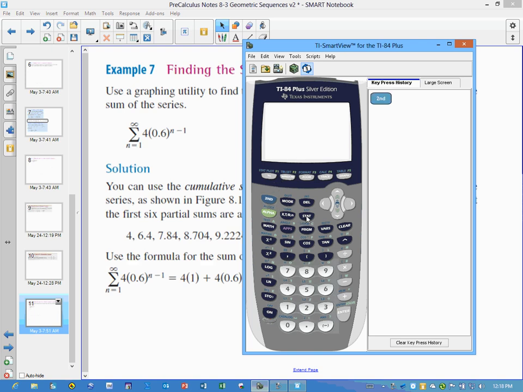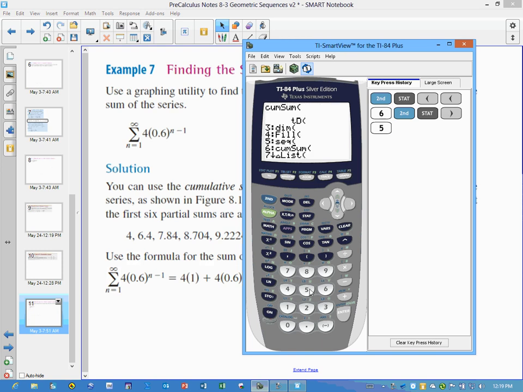So we're going to go to second list, and I'm looking for cumulative sum, which is right there, number 6. So I want the cumulative sum of the sequence. So now I'm going to go back into second stat, which is the list. And so it's the cumulative sum of the sequence.